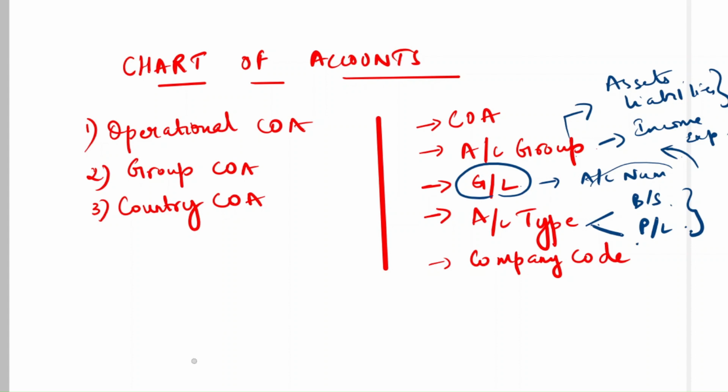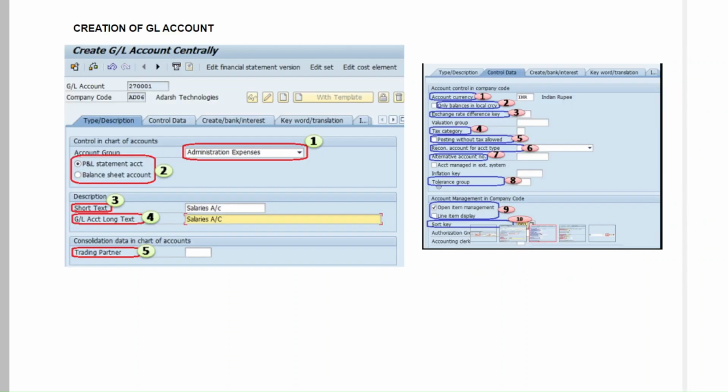Let me show you how the screen appears when you try to create a GL account. Now, this is something I have found online and I have shared it for reference. I can link that article also in the description of the video, so you can also go familiarize yourself. So as you can see, you have various fields. You have to select the account group, which we said is customizable, and then you have your account type.